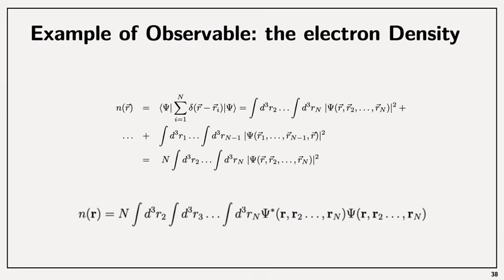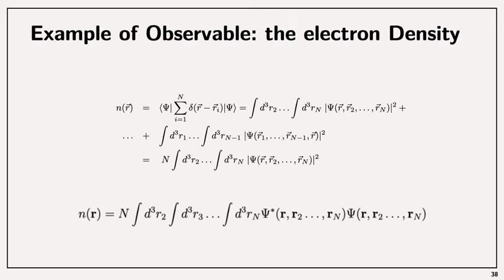Okay. The first line here means that the density is essentially the expectation value, so the matrix element, of this sum of Dirac deltas, which tells you the position of an electron at position R, including all the positions of the electrons i in the system.